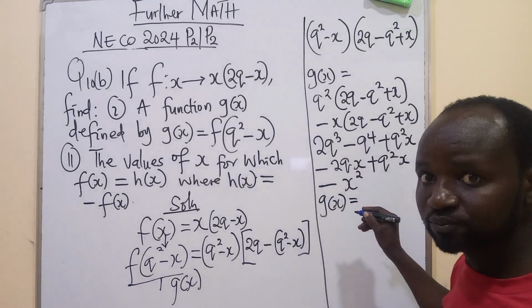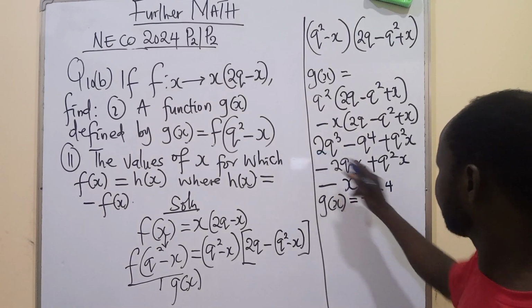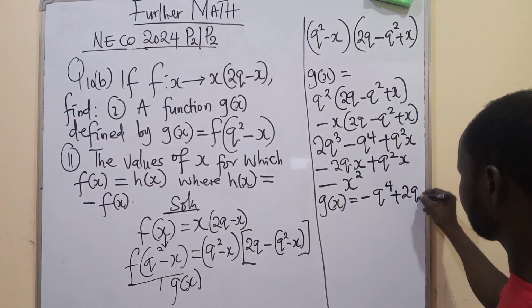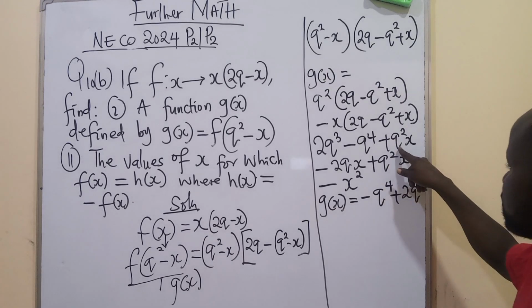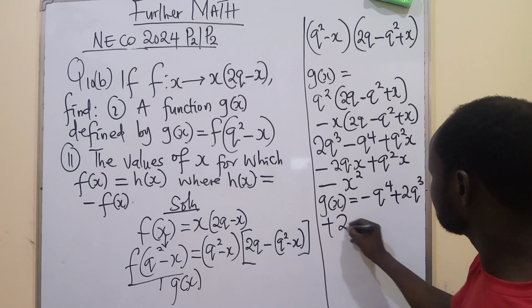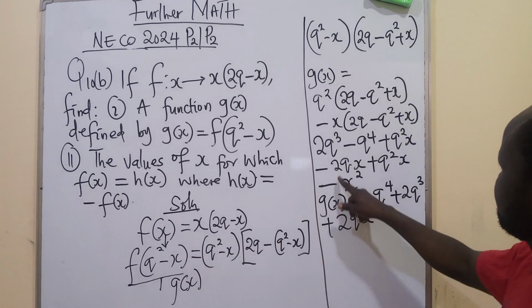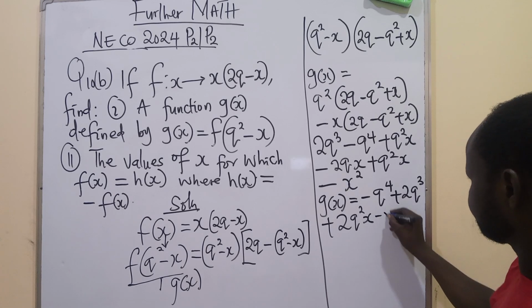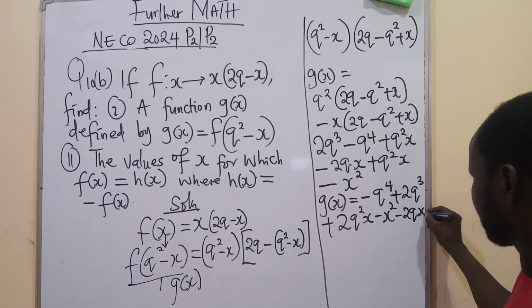will be equal to, let's start with minus q power 4, that's the highest power, followed by plus 2q power 3. Next, we can add plus q square x plus q square x, that will be plus 2q square x. Next will be minus x squared, then minus 2qx.